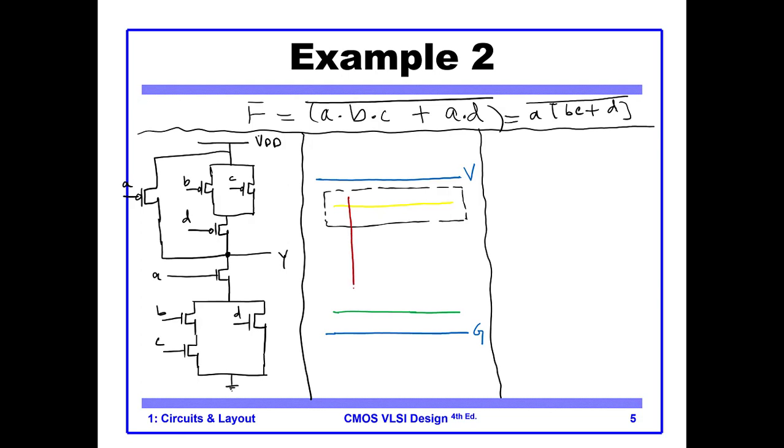So I draw the first one, the second one, the third one, the fourth one. Now here comes the question, which one is A, which one is B, which is C, and which is D? This will be determined by the Euler path.